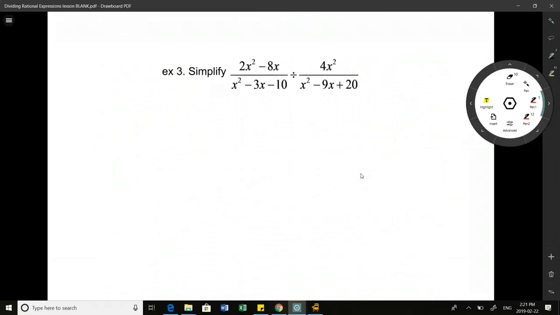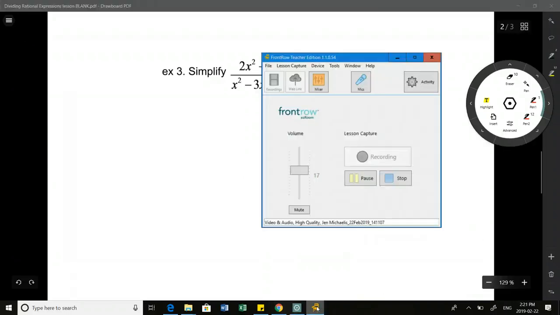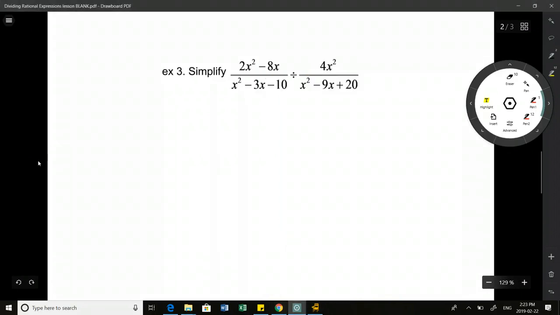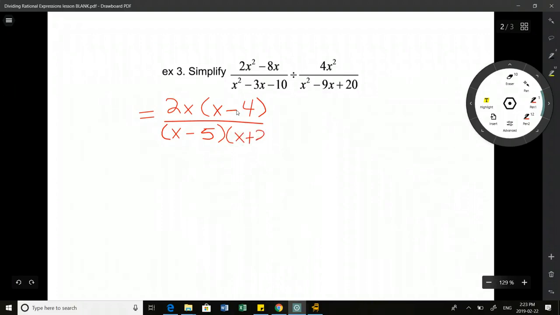Do you guys want to try this one? Okay, you try it, and I'll start putting up the steps in a couple minutes. Okay, so first step, factor and common factor everything. And then you're going to start your list of restrictions there.